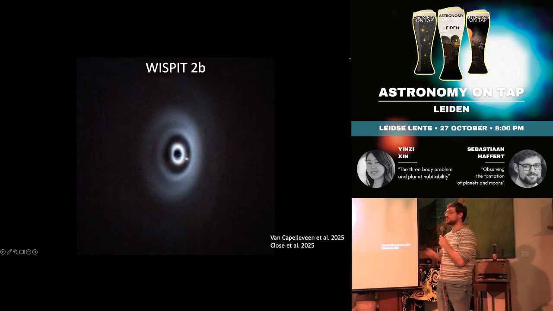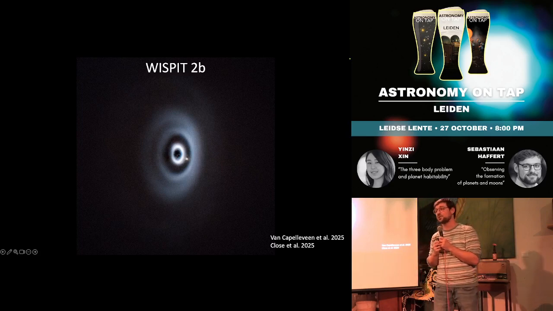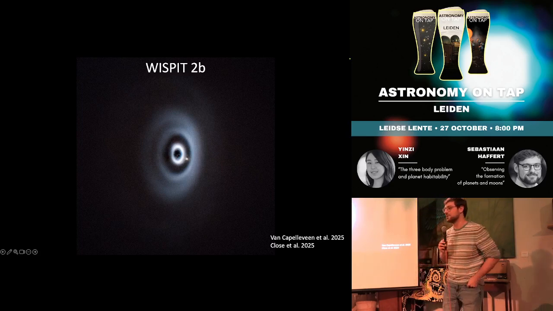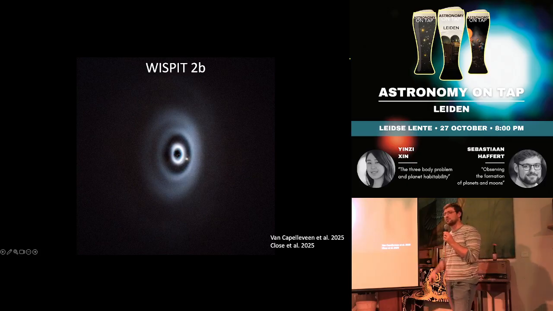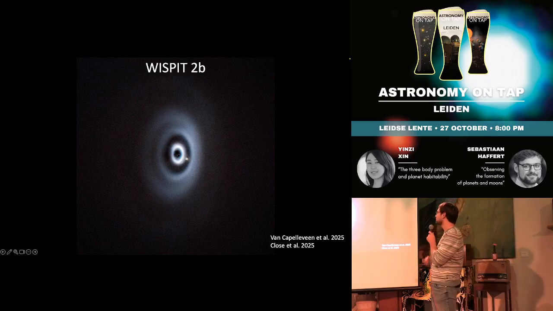And we were actually successful. Here's WISPIT 2b, which is a new planet we found four months ago. That's really special because it's only, I would say, the second protoplanet, maybe the fourth, it depends on who you ask, because some people found things they claim are protoplanets. I don't trust the results too much, but yeah, you can always claim something.